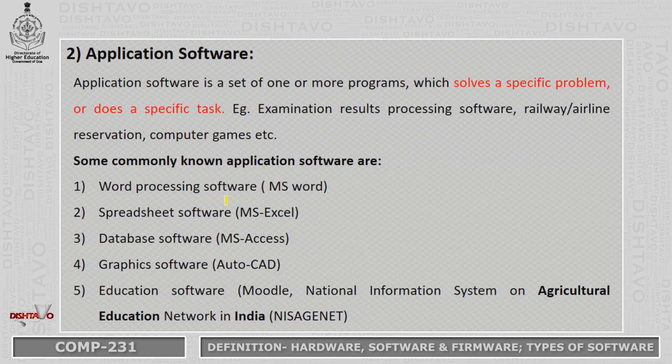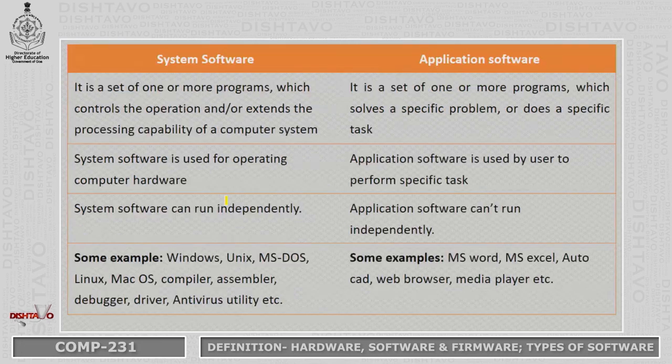Examples are MS Word, MS Excel, MS Access, or AutoCAD. In agricultural education, software like NISAGNet, the agricultural education network in India, Moodle, and the National Information System on Agricultural Education are all application software.